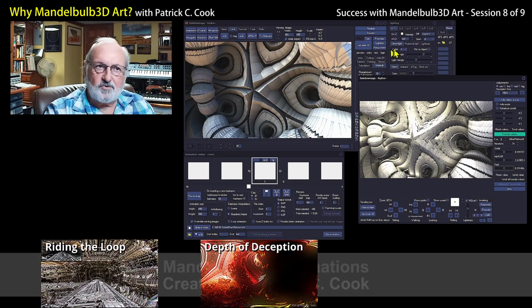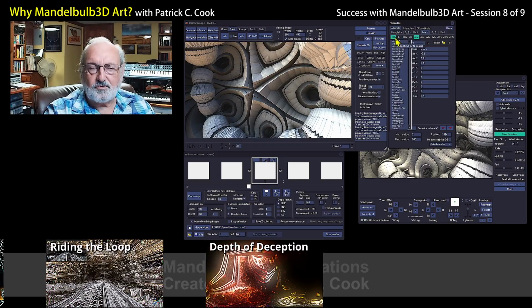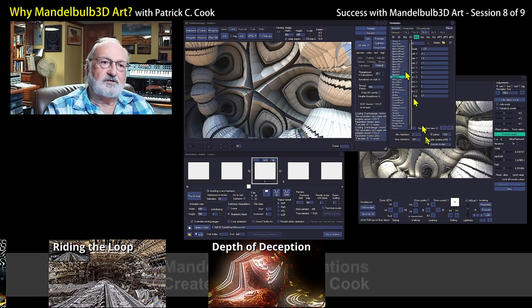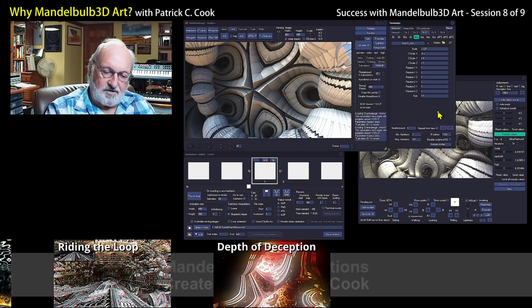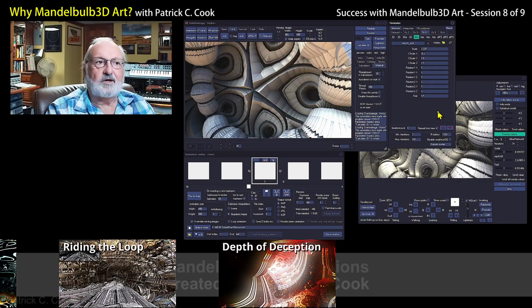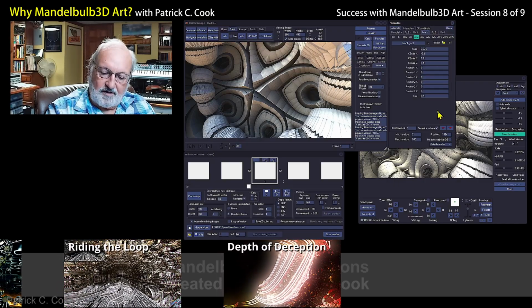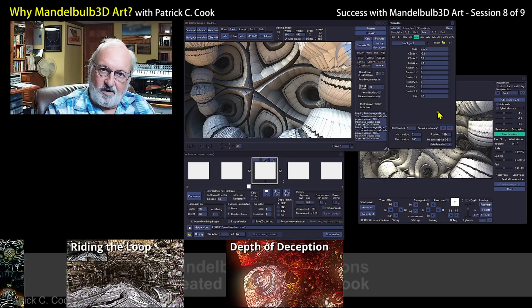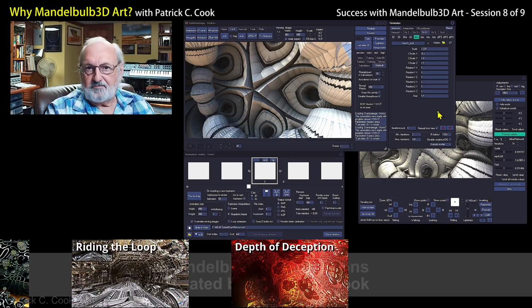You try different formulas. You put different formulas in the slots. Just keep playing, and wait for the discovery. Wait for a gem to show up as you engage in the process of discovery. Reject often, look for the gems. That's another tip for success.